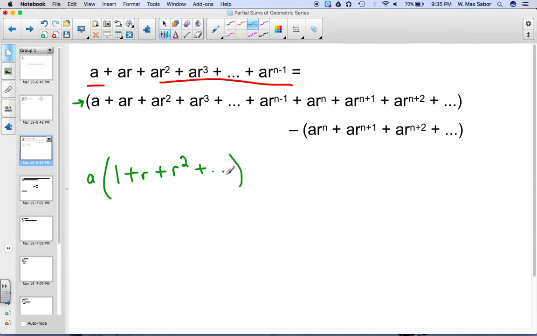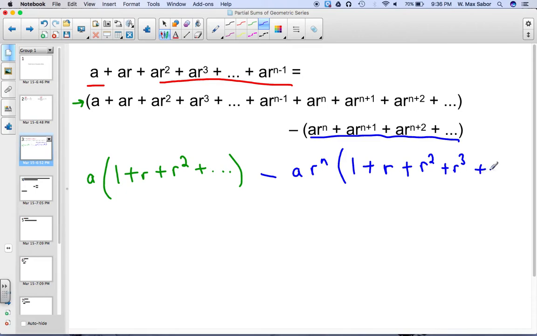I use the dots that don't have some endpoint to represent that it's infinite, whereas these dots that have something after them represent that it is finite. Now, this part is similar, except they're all divided by a and r to the n. So this is a times r to the n, and then what we're left with is 1 plus r plus r squared plus r cubed, etc.